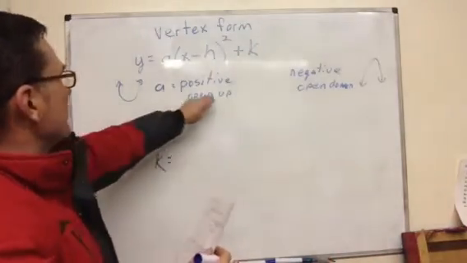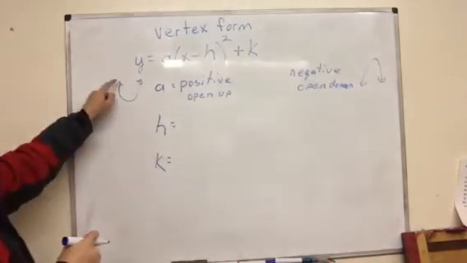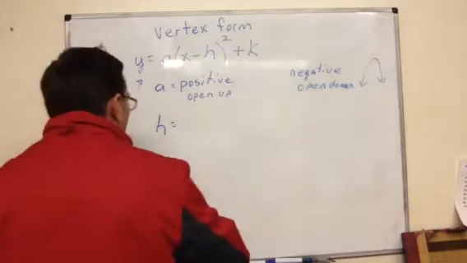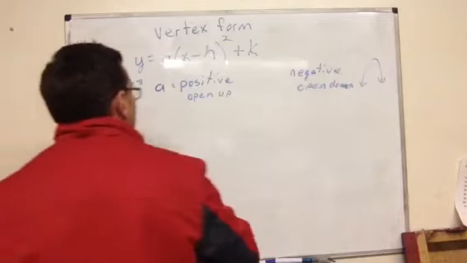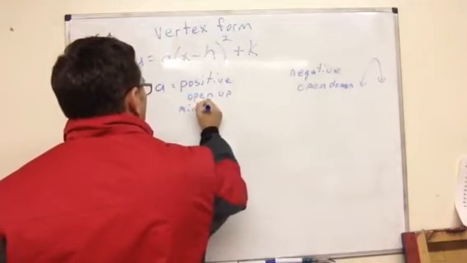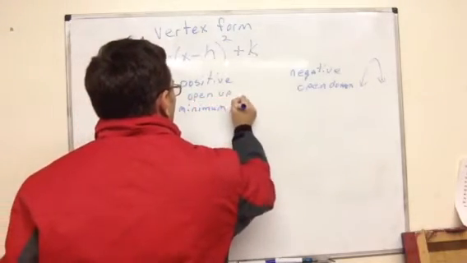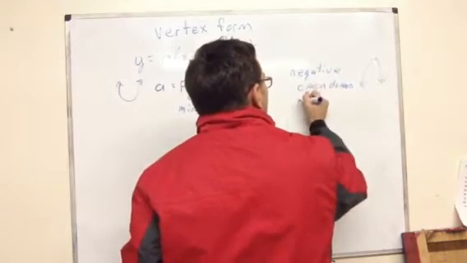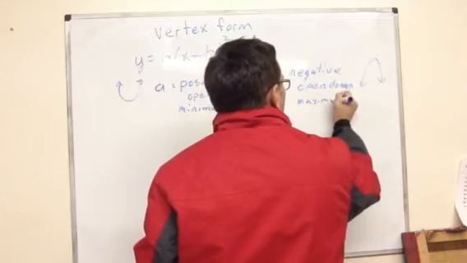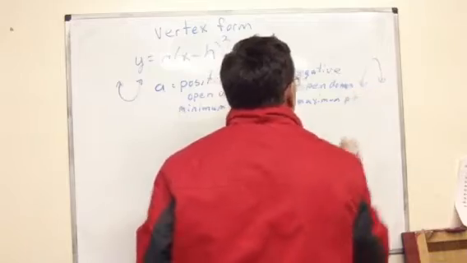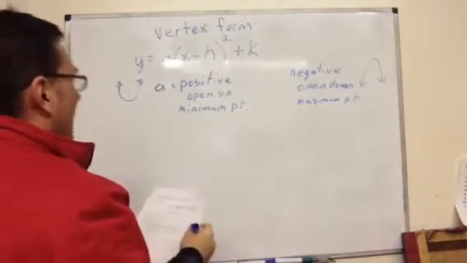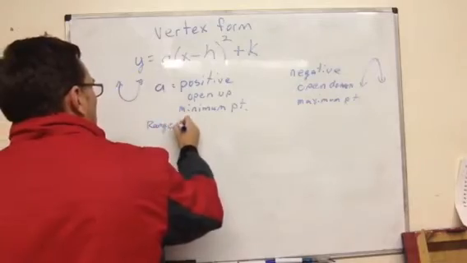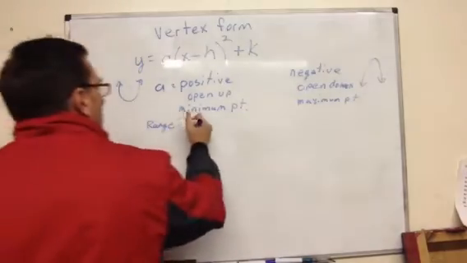Now, if this is opening up, it comes down to a minimum point, so this will have a minimum point. This one is going up, so this one will have a maximum point. And now we look at the range, the all-important range, comparing our y values.